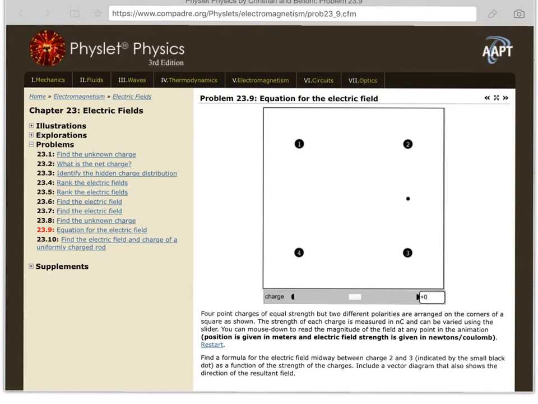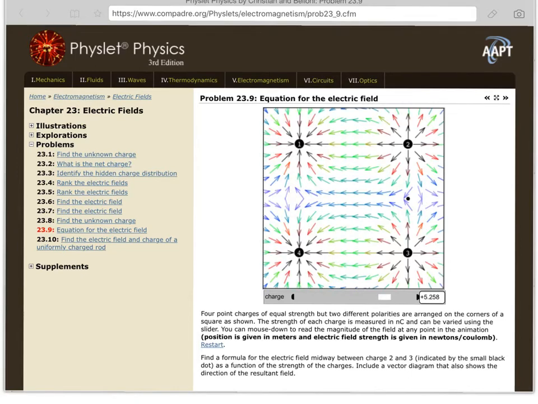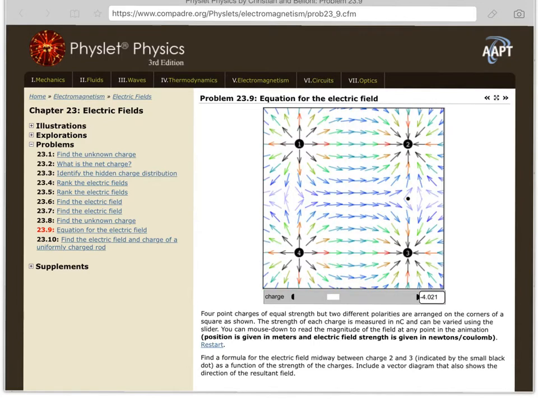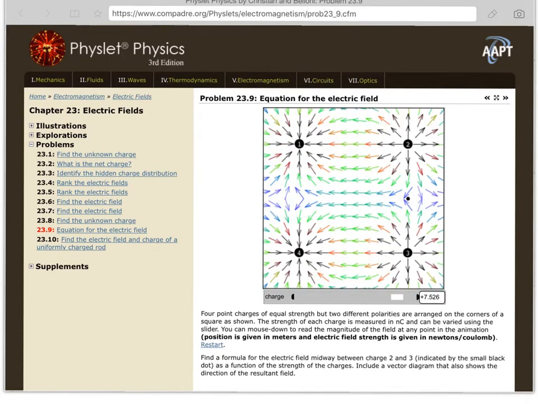Number 9, we have 4 point charges of equal strengths but two different polarities. Right now it's set at 0, but we can slide it this way or slide it this way and change the polarity. When I'm this way, you can see that for charge 1 and 2, the direction of the field is away from the charge.